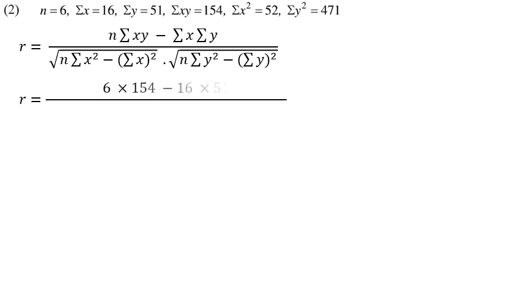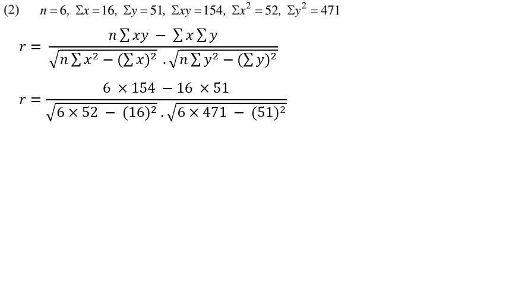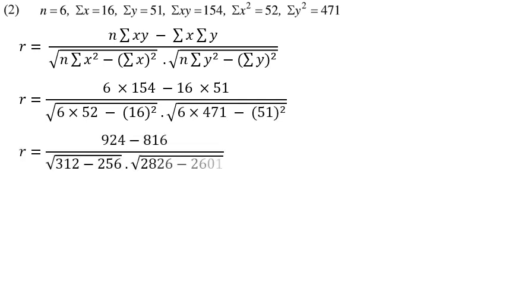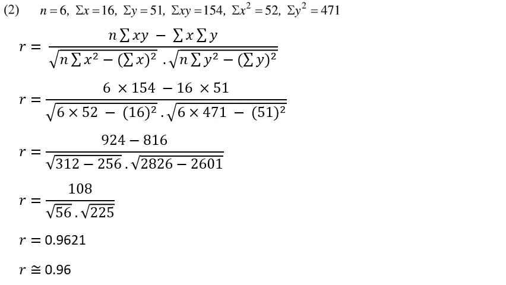You just have to put the values like this, multiply and square, subtract, and then I told you what to do. 108 divided by root 56 into root 225 equals 0.9621. The round figure is 0.96, a high degree of positive correlation.